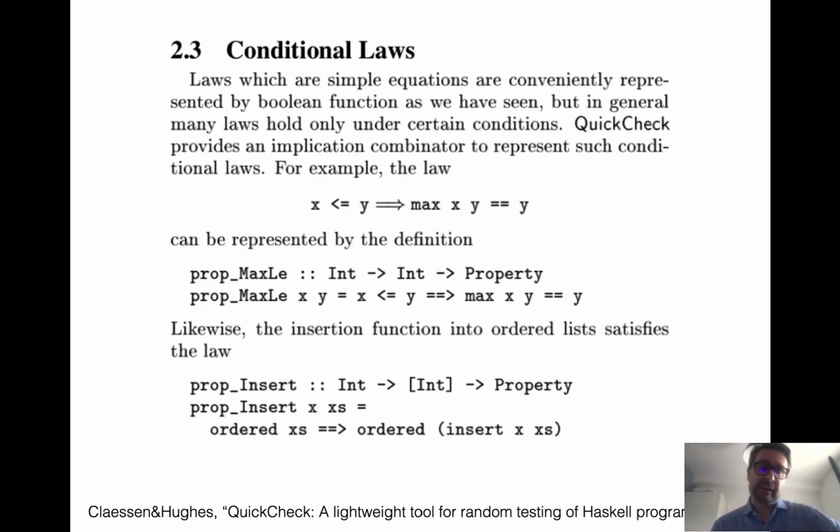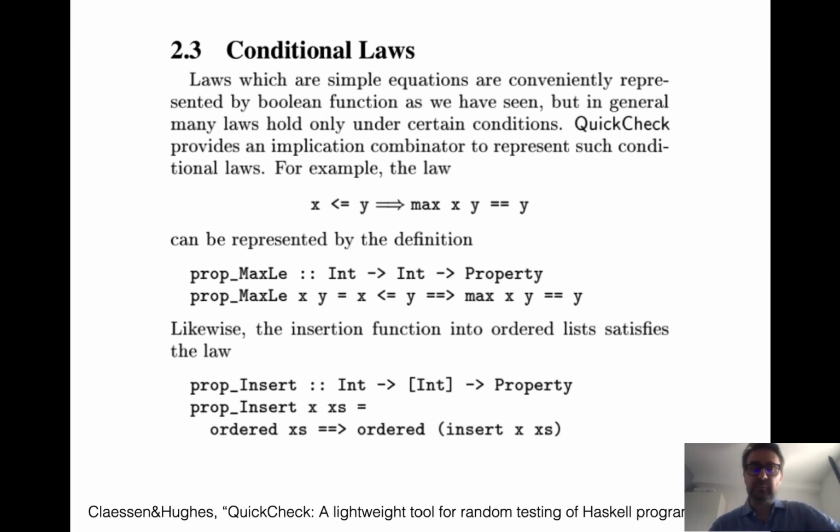When you come into practice, it's not as easy as you can try any type of test data. Often you have conditions on the test data, and then you can have conditional laws. So this looks a little bit different because maybe not all of you are used to Haskell. But the basic idea is that some properties and laws only hold conditional on some constraints on the input data.